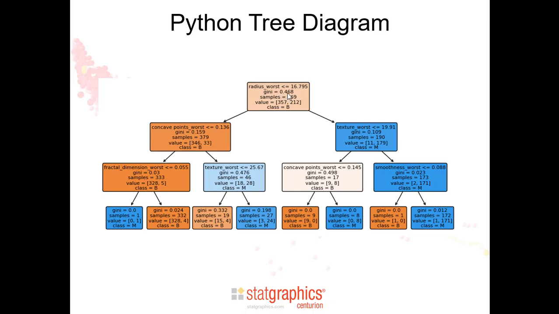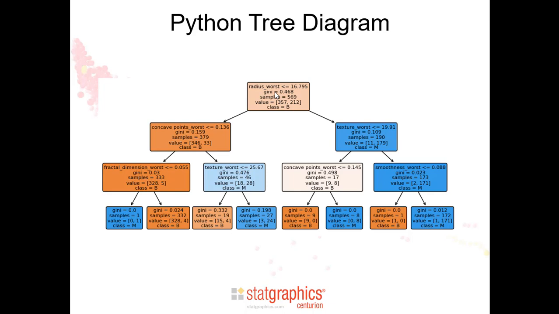At this particular location, the Gini coefficient, this is at the very beginning, is 0.468. Now the Gini coefficient is a measure of inequality. If all the observations were the same, all the masses were benign or all malignant at that particular node, Gini would be 0.